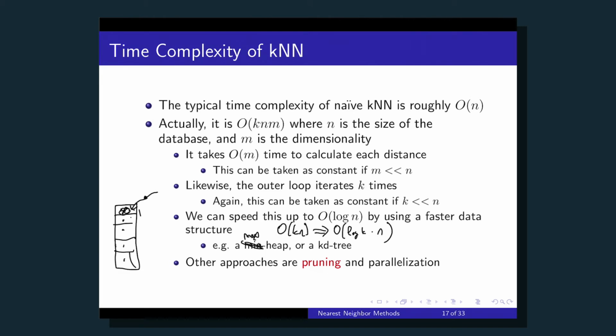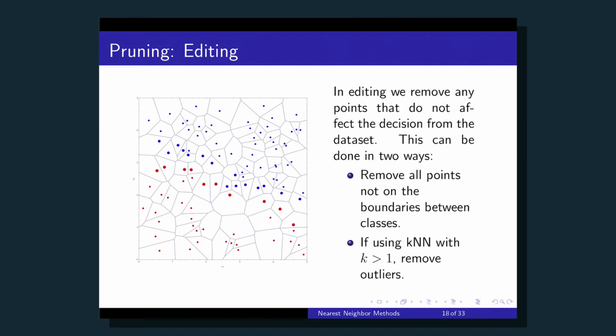So now the question is, if I'm doing classification, do I need all the points, or can I get by with a smaller version of my data set where then I would effectively decrease n, so I have to check the distances against a smaller number of potential neighbors. This is called pruning.